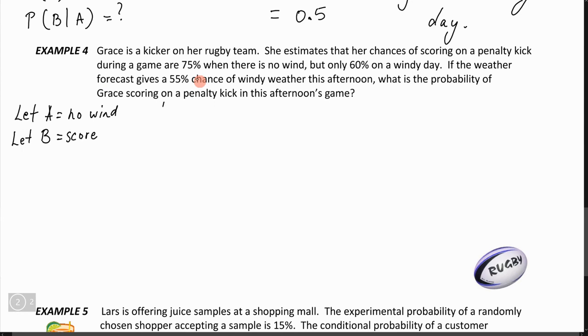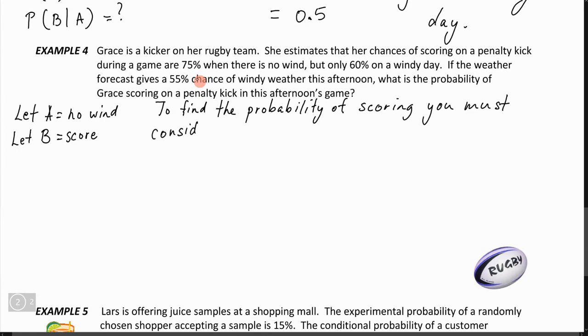So I'm going to write here, to find the probability of scoring, you must consider the cases of wind and no wind. Okay.